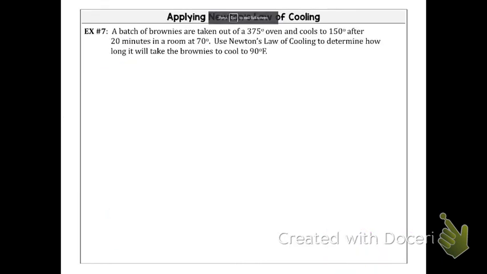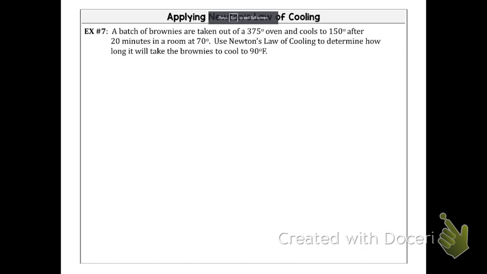All right, then example 7 here says a batch of brownies are taken out of a 375-degree oven and cools to 150 degrees after 20 minutes in a room at 70 degrees. Use Newton's law of cooling to determine how long it will take the brownies to cool to 90 degrees Fahrenheit. We want to know how long it's going to take to cool to 90 degrees, but you notice they give you a time already.